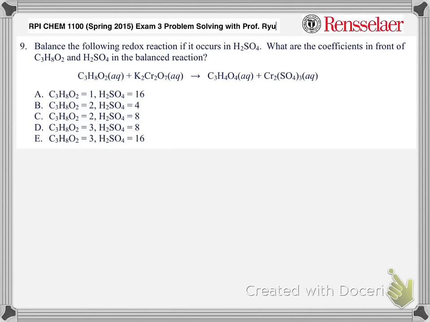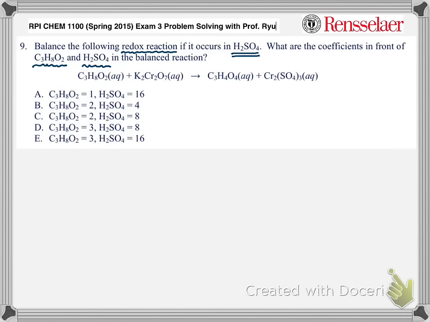Okay, so this is quite a difficult problem. Let's try to solve it. It says that the redox reaction occurs in H2SO4, so in sulfuric acid, so we can use sulfuric acid as one of the ingredients in this reaction. And the question is, what are the constants going in front of C3H8O2 and H2SO4?